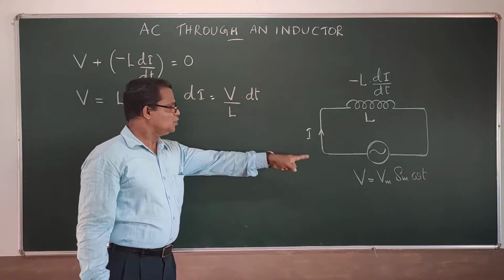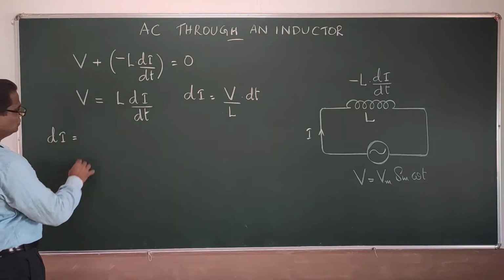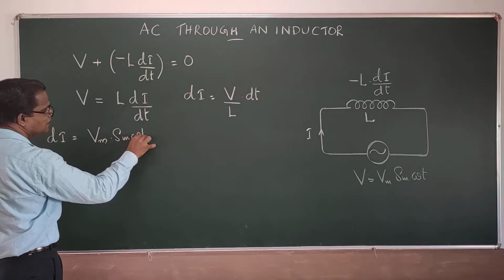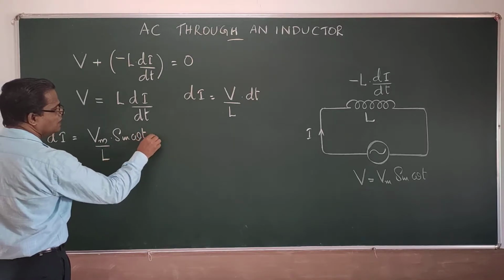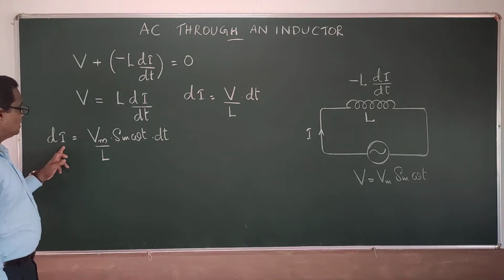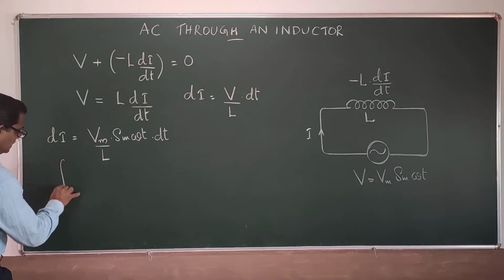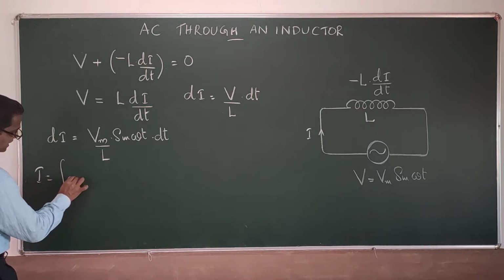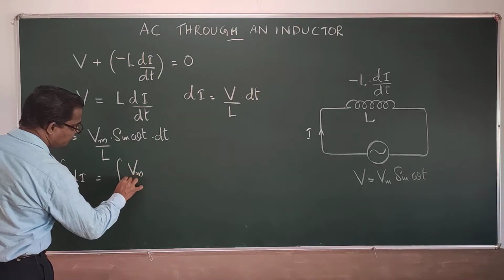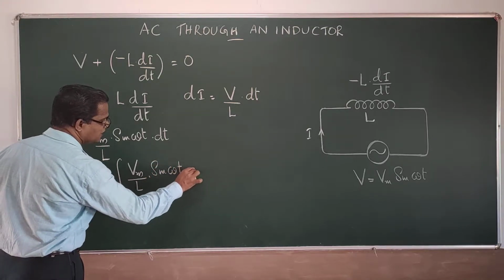Now substituting V equal to Vm sin omega t, I get di equal to Vm sin omega t divided by L into dt. Therefore, the instantaneous current I will be equal to integral di, which equals integral Vm by L into sin omega t dt.